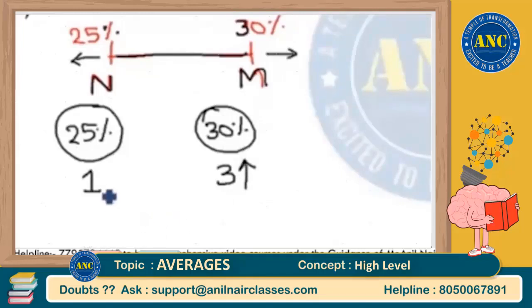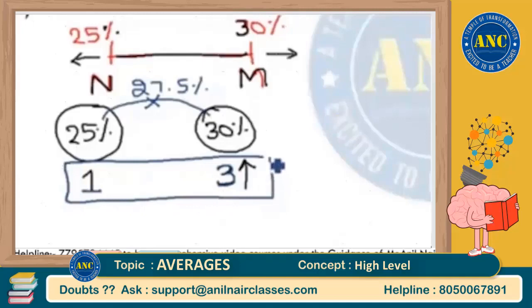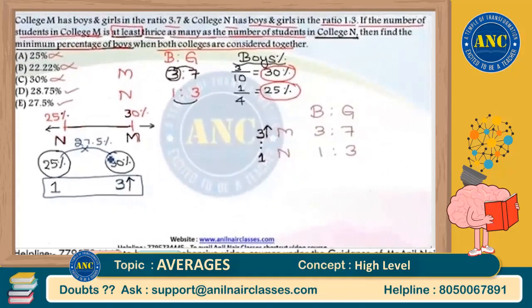I also told you that if it is a 1:1 ratio, the average will be exactly in between 25 and 30, which is 27.5%, but it is not 1:1. It is minimum 1:3. That means the answer should be greater than 27.5%. That means option E also is ruled out. Therefore, the correct answer for this question is 28.75%.